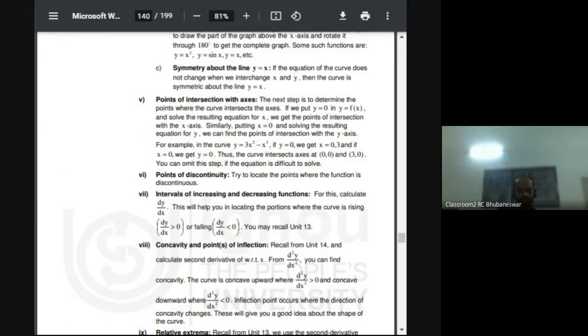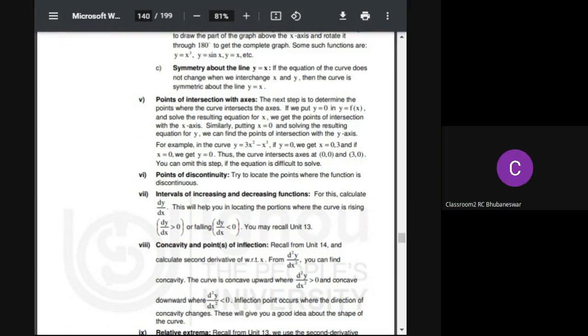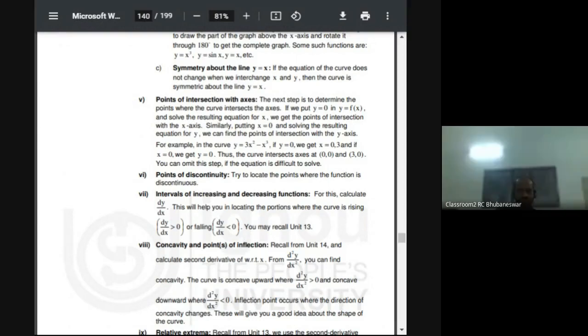Now, some conditions are also described here. In the first condition, you can find the point of intersection, if the curve intersects the axes at these points. Now the sixth one is point of discontinuity.